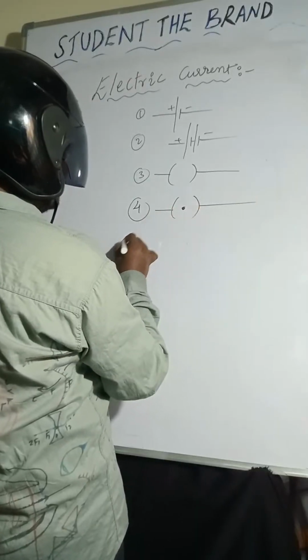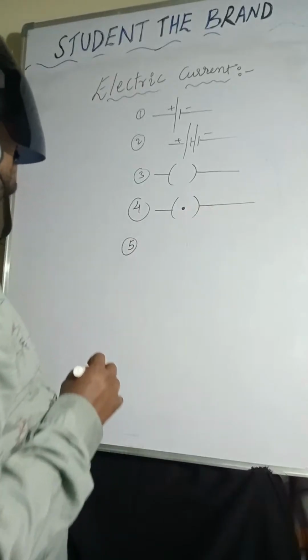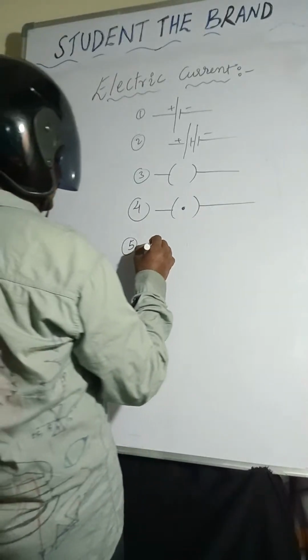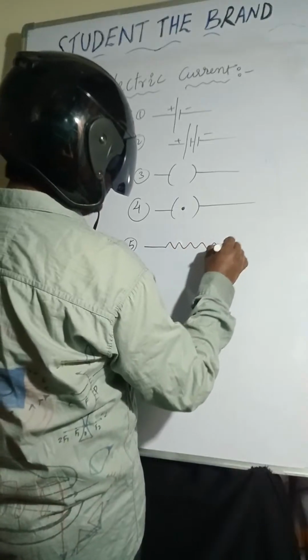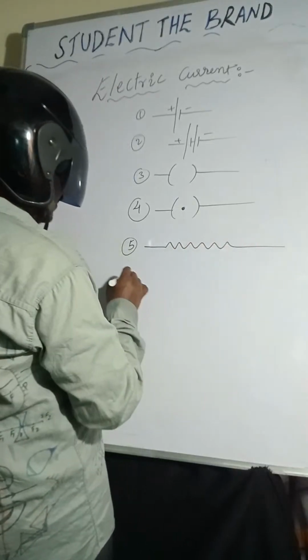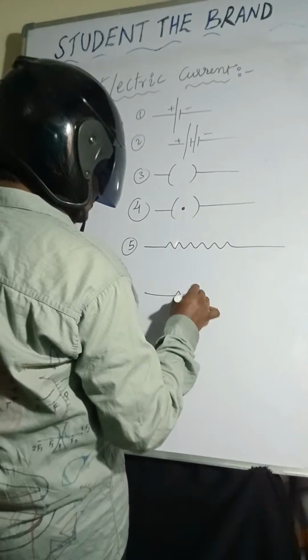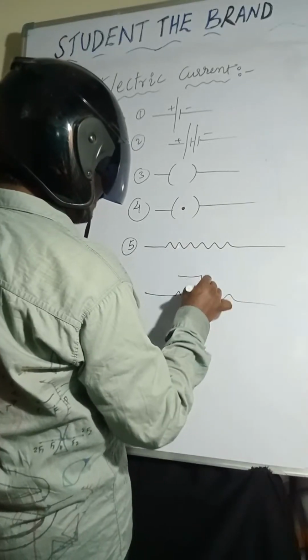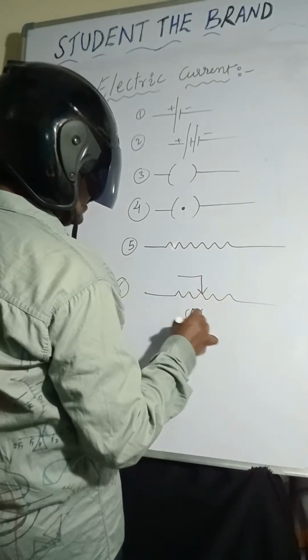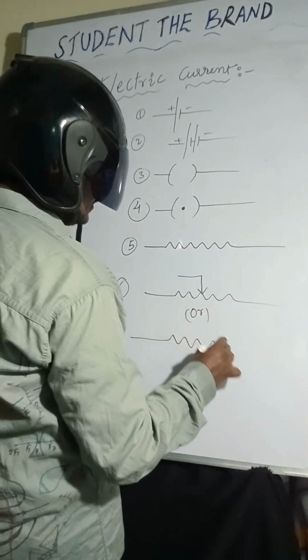Coming to the fifth one, resistor. This is the resistor. And coming to the sixth one, rheostat. Either we can take it like this or we can consider it like this also.